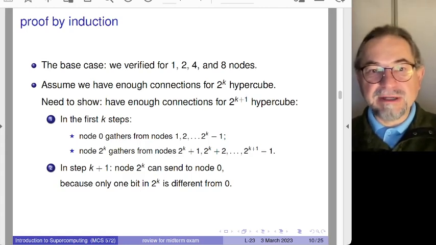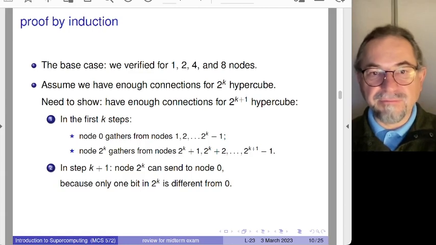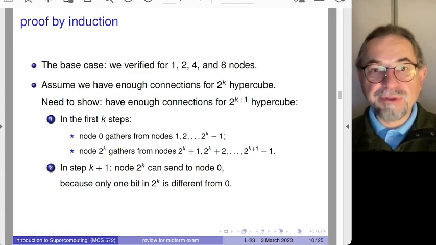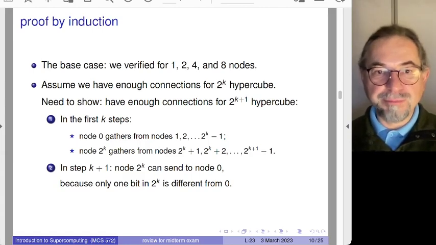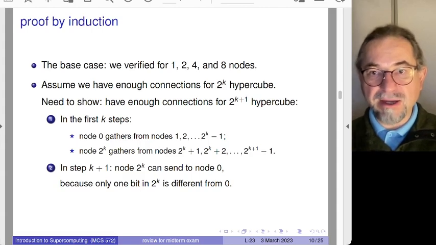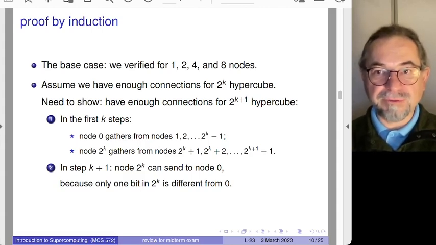And then you see that in the first k steps, you can apply the induction hypothesis. In the first k steps, we have the first hypercube, everything gets gathered to node 0. And because of the induction hypothesis, the hypercube with 2 to the power k nodes does have sufficiently many connections.